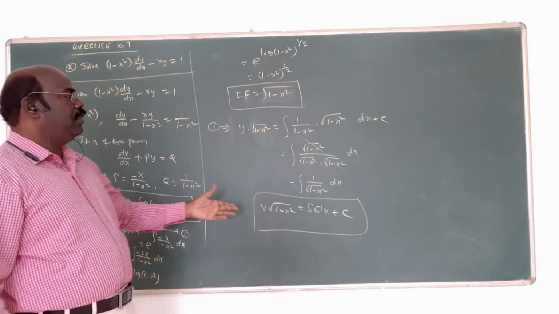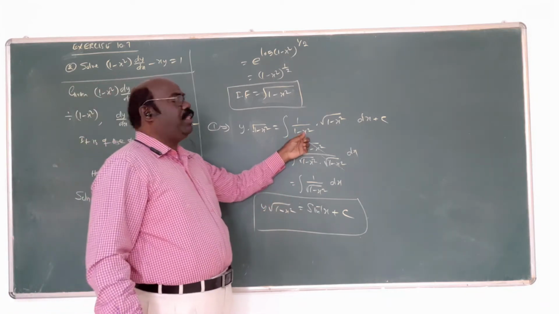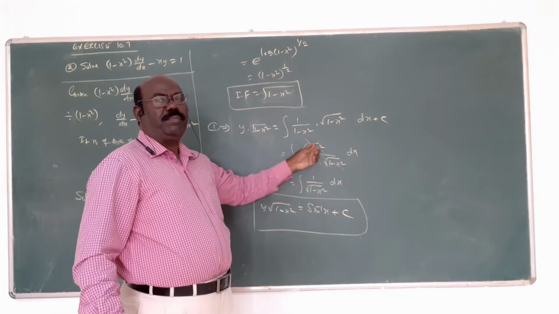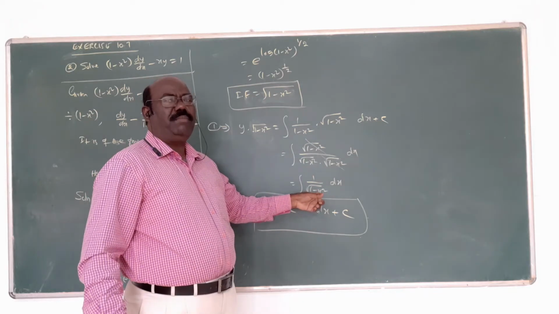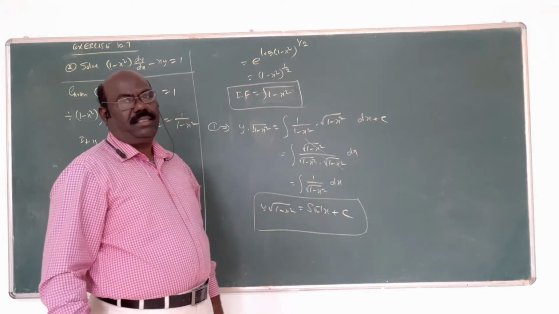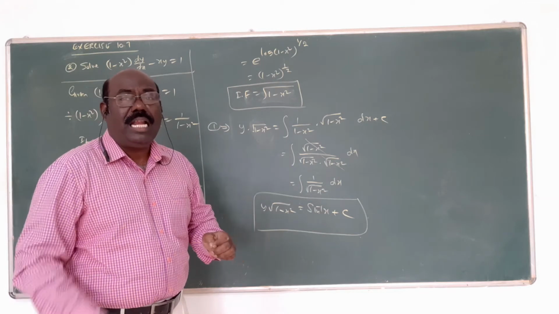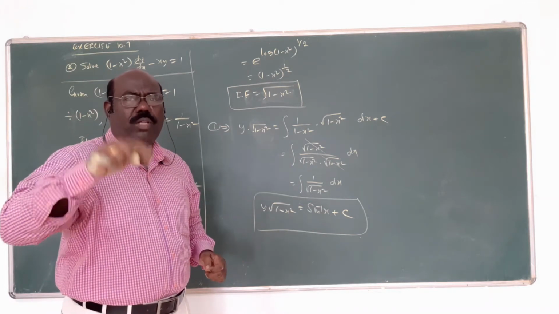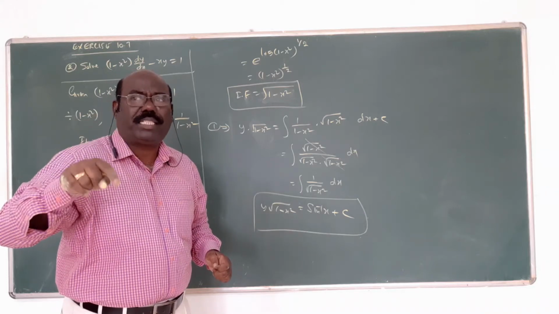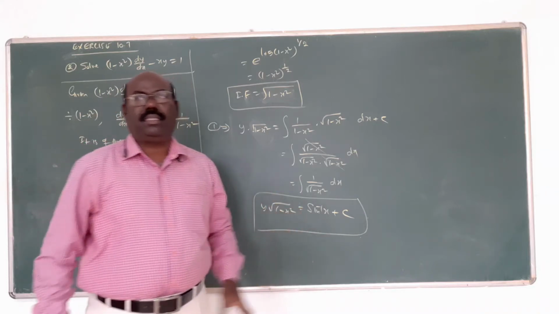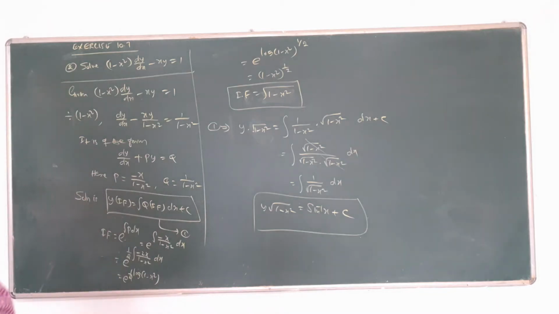Substitute in the formula. Here also, without the square root, you want to cancel the root. 1 divided by root of 1 minus x square becomes sin inverse of x. The differentiation of sin inverse of x is 1 by root of 1 minus x square, and the integration of 1 by root of 1 minus x square becomes sin inverse of x. That's all. In this way you will find. That's important.